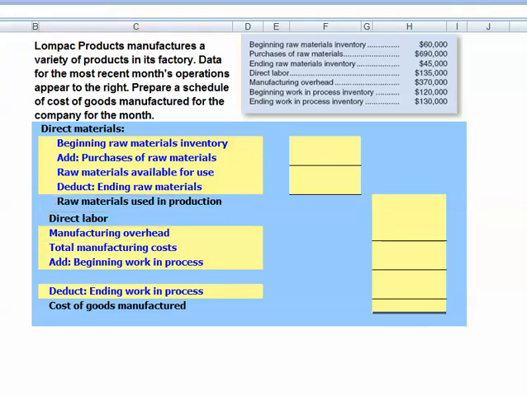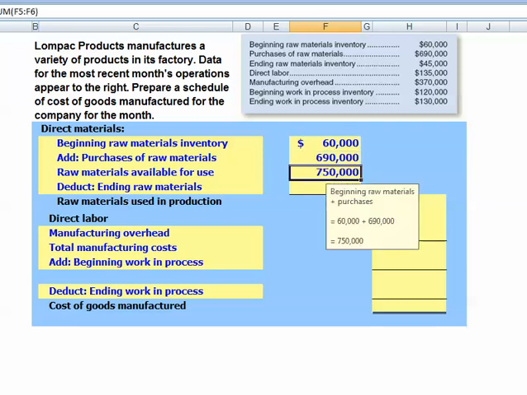We do that by beginning with our beginning raw materials inventory, which we're told is $60,000. We add to that purchases, which gives us raw materials available for use of $750,000. We will either use these raw materials in production or they'll be left in ending raw materials inventory.